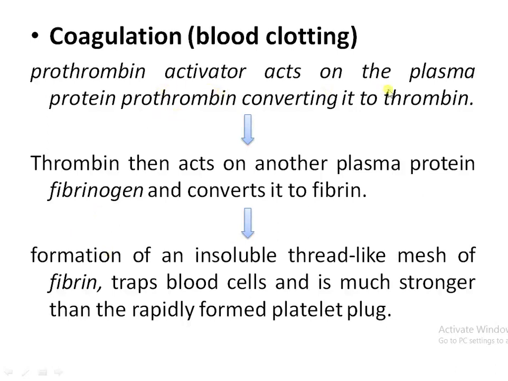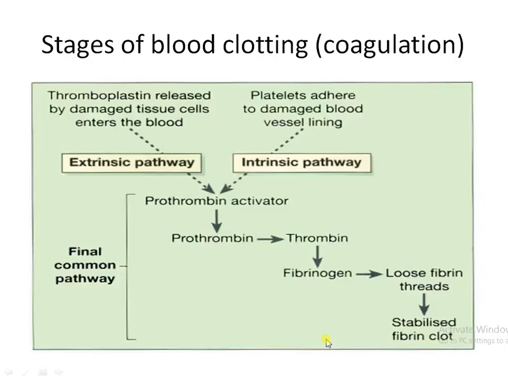Prothrombin activator acts on the plasma protein prothrombin and converts it to thrombin, and then thrombin acts on another plasma protein, fibrinogen, and converts it to fibrin, and then an insoluble thread-like mesh of fibrin is formed, which traps blood cells and is much stronger than the rapidly formed platelet plug.